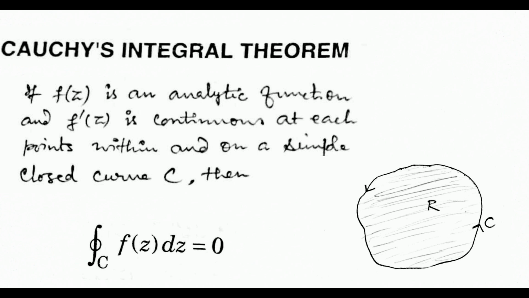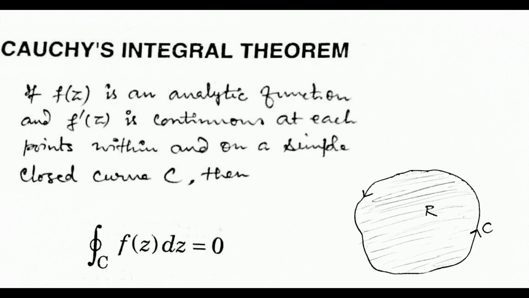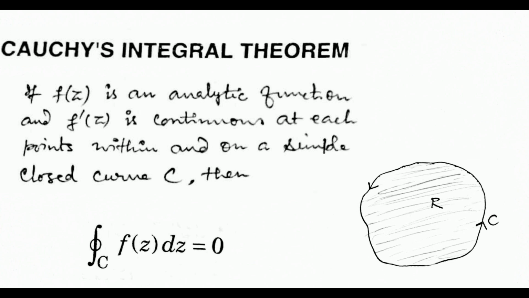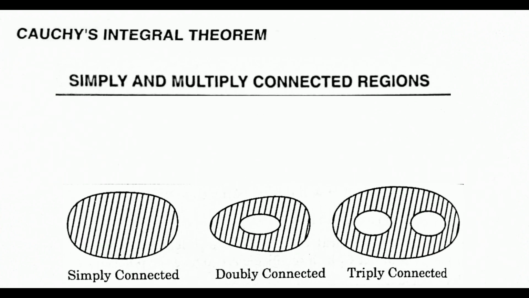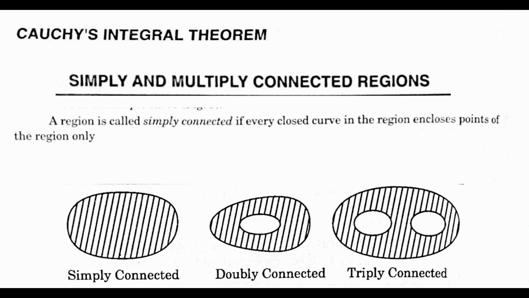One more very important terminology is used here, that is simple closed curve. For that we need to understand the difference between simply connected region and multiply connected region. Let me focus on the definition. A region is called simply connected if every closed curve in the region encloses points of the region only. Otherwise it will be called a multiply connected region.